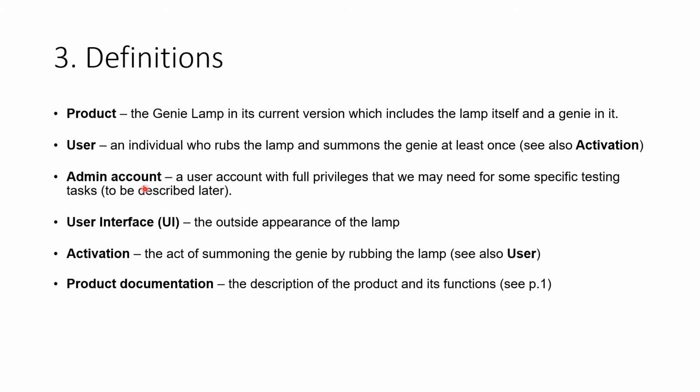Admin account is a user account with full privileges that we may need for some specific testing, and I will get into this later. User interface is the outside appearance of the lamp. Activation is the act of summoning the genie by rubbing the lamp. And finally, product documentation is the description of the product and its functions, which we defined in slide 1.